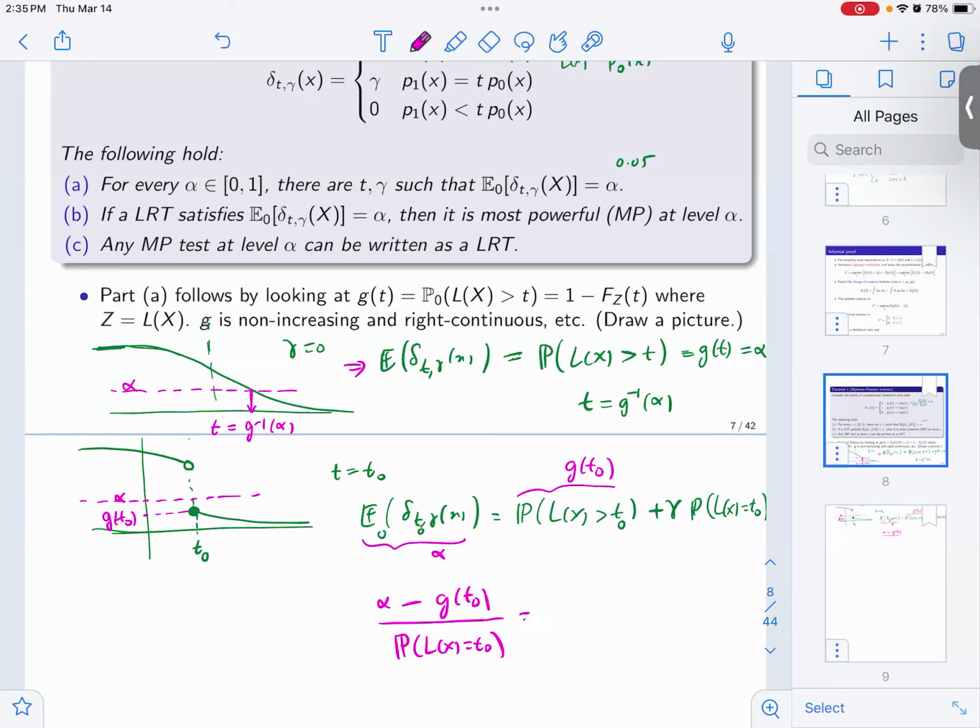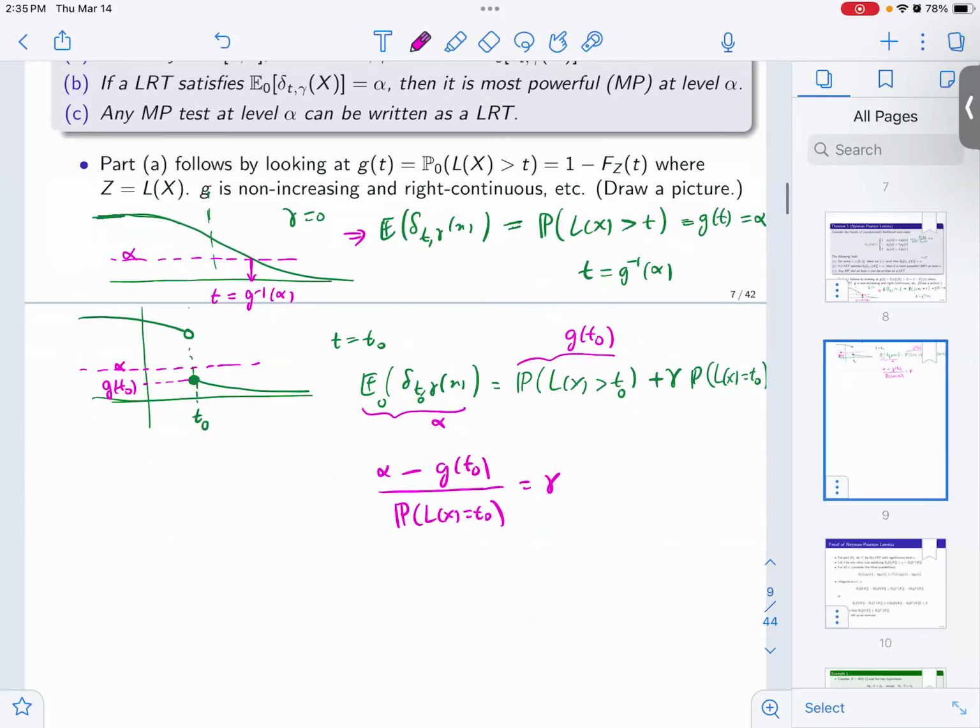That would give me gamma, something positive, and also in 0 to 1, bigger than 0 because this is less than alpha, and at most 1 because this difference is at most the probability of being exactly equal to T naught. So this is guaranteed to be in between.